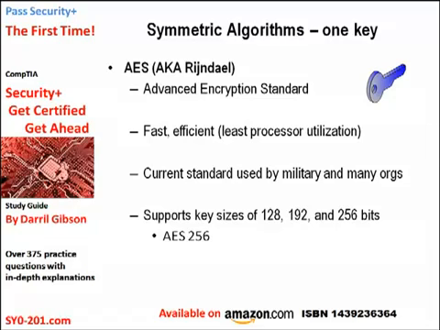It has the least processor utilization of several other symmetric algorithms, and it is very strong. It's used by the military, used by a lot of different organizations. You'll see it used in Microsoft applications quite a bit. There are multiple key sizes like 128, 192, 256. If it is using 256 bits, it's recognized as AES 256.